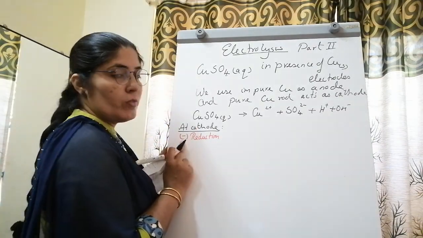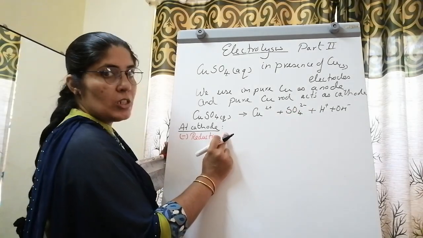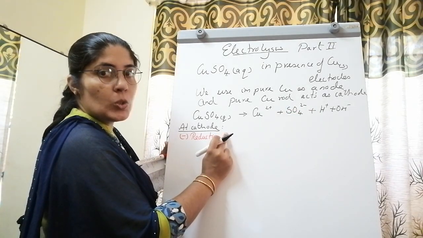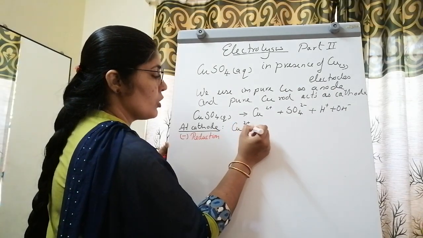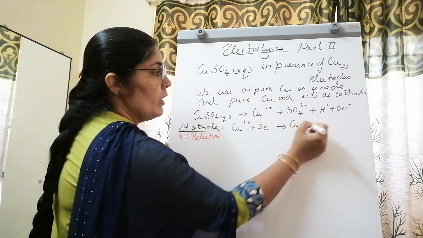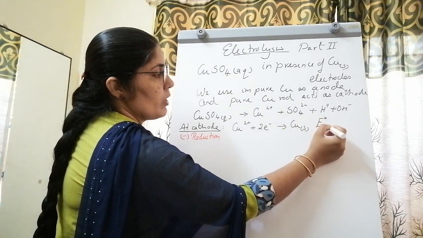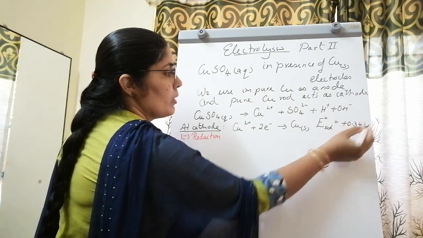Since the cathode is negative, the positively charged species will come towards it. That is, copper is reduced to solid copper with a reduction potential of +0.34 volt.